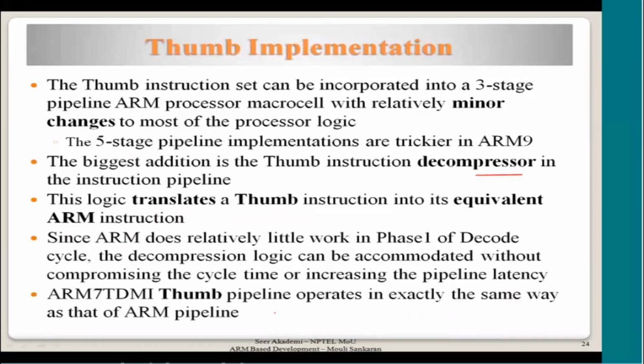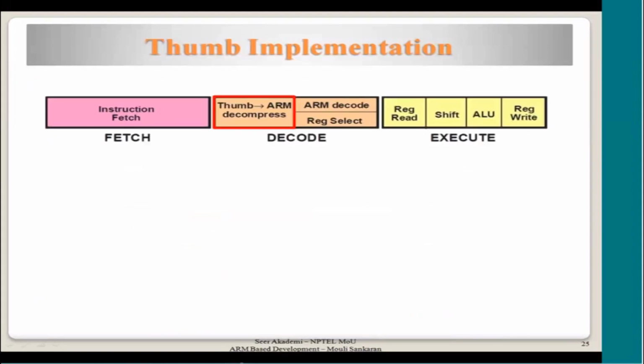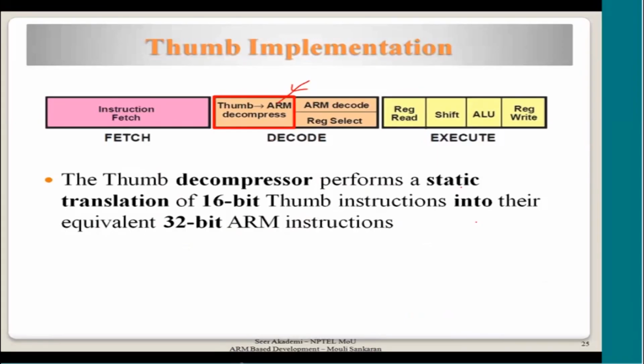So the Thumb pipeline operates in exactly the same way as the ARM pipeline. Please remember, they work the same way. I told you this decompression happens here. To decompress, it performs a static translation.